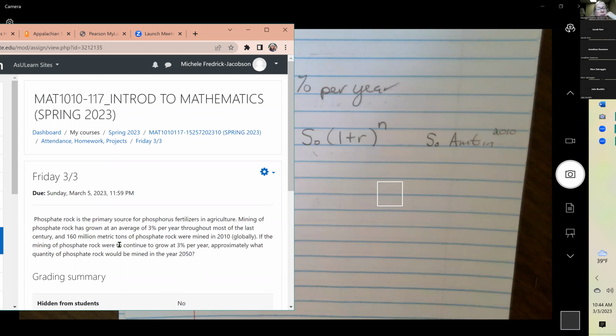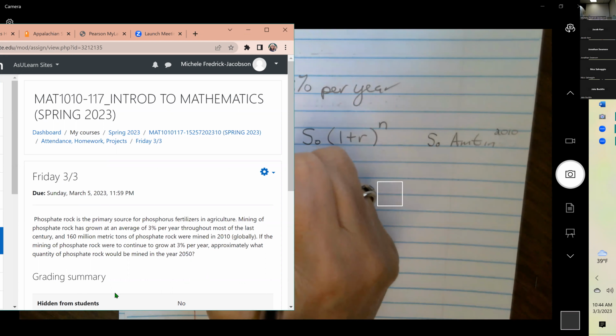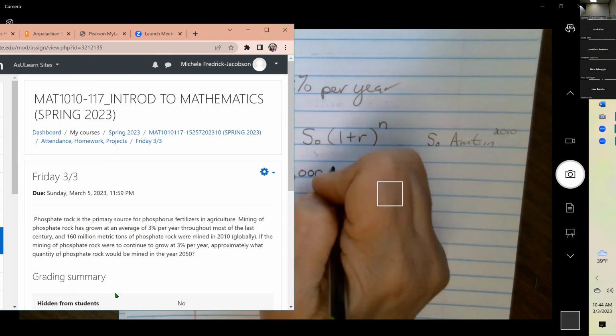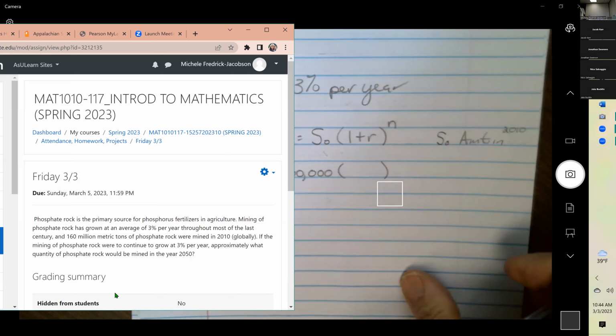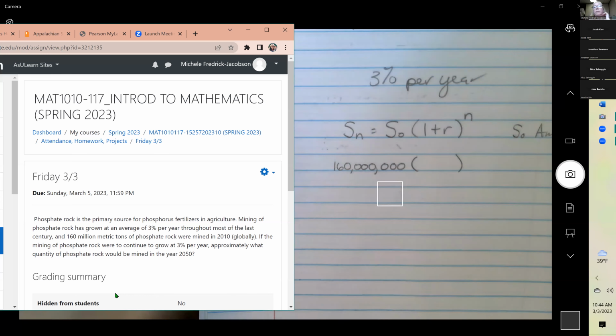So S sub 0 is our 160 million. R is the rate at which it's growing, and it's growing positive 3%.